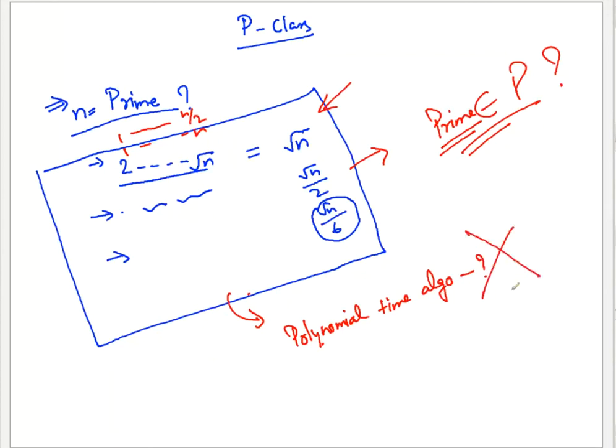But before I tell you the answer, let me go one by one and ask. Shashwat, can you unmute and tell why you think it is in P? Because we have a polynomial limit to the number of iterations we make. What is that polynomial? Root n. Okay, good. Ayush, why do you think that it is polynomial?